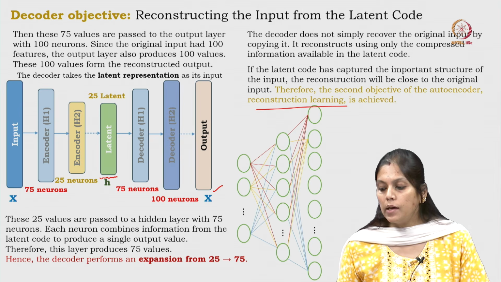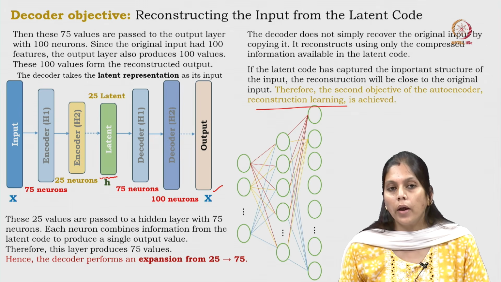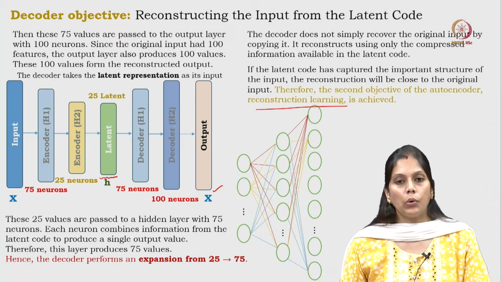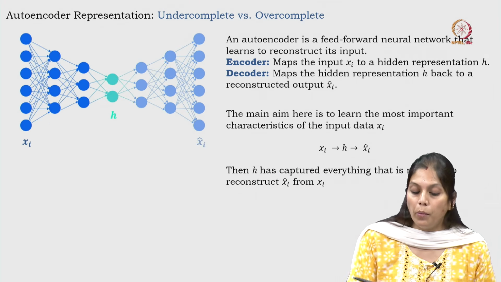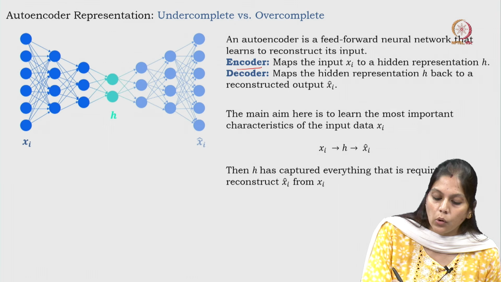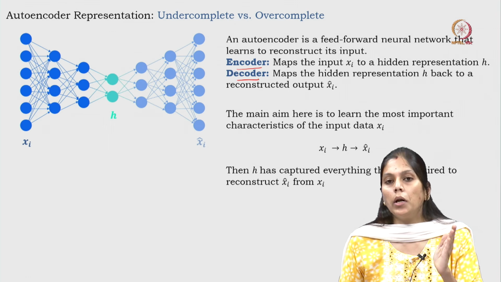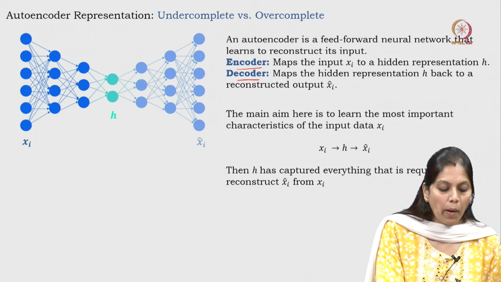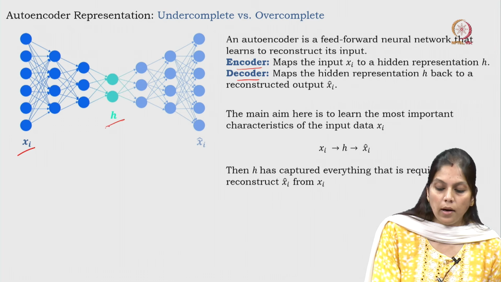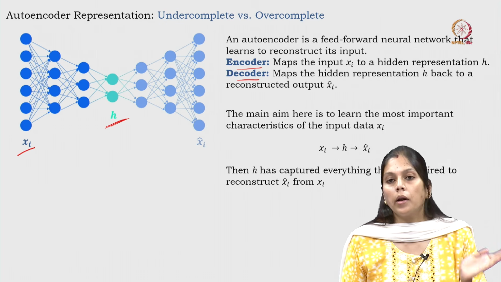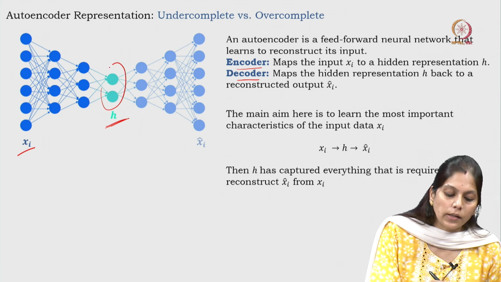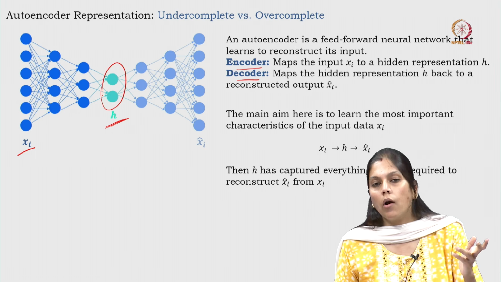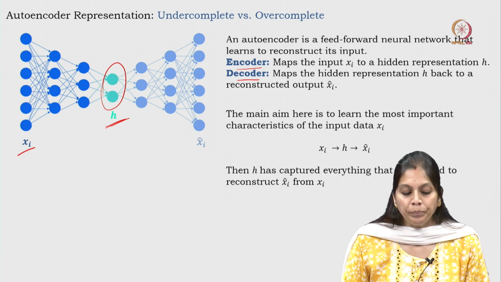This is the detailed architecture of the encoder and decoder. It has two primary components: the encoder and the decoder. The encoder is primarily used to map the input to a latent representation or hidden representation H. This hidden representation we call the third component, the latent code.